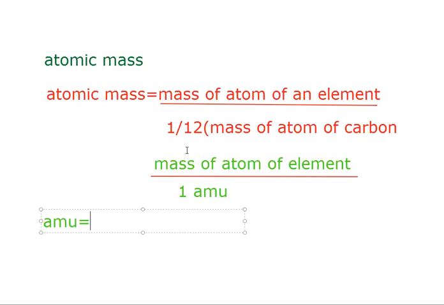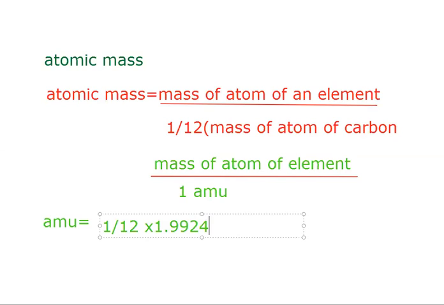Since it is defined as 1/12 mass of the carbon atom, let us write here 1 divided by 12 into the mass of one atom of carbon, and that is 1.9924 into 10 raised to the power minus 26.